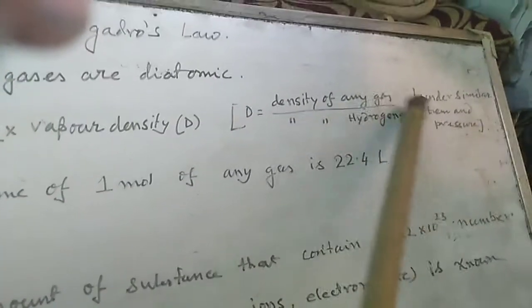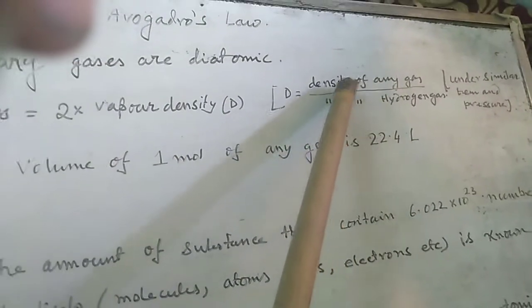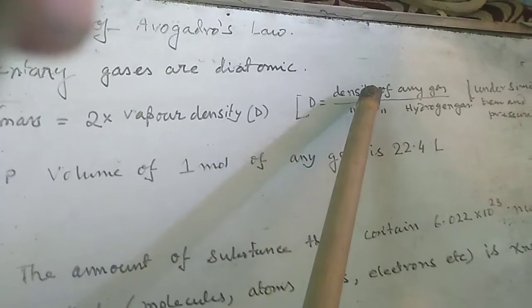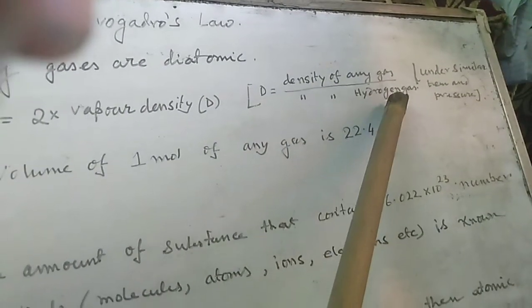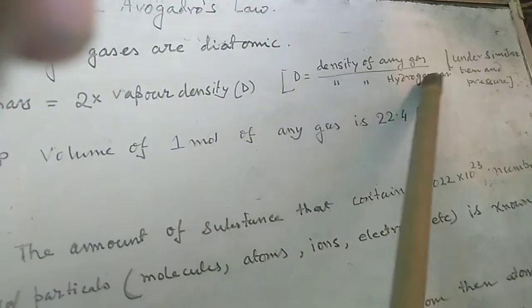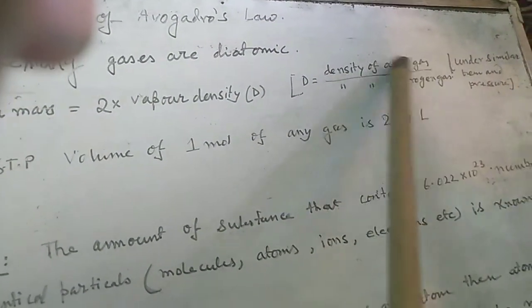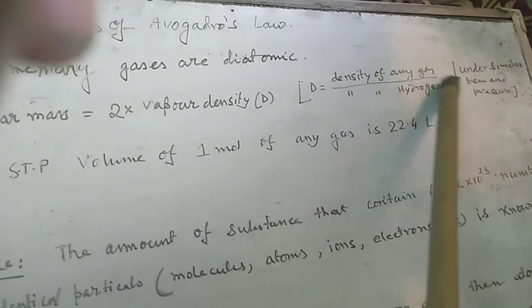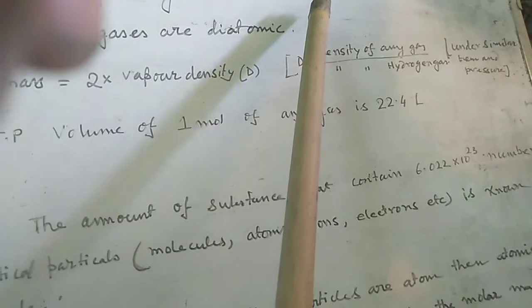For a given gas, this vapor density is constant, because if the temperature increases or decreases, the density of the gas also increases or decreases, and the density of hydrogen gas changes proportionally.